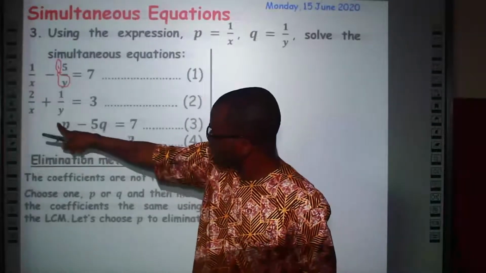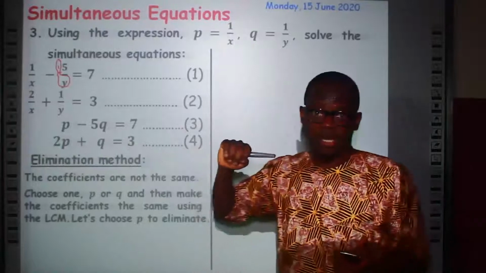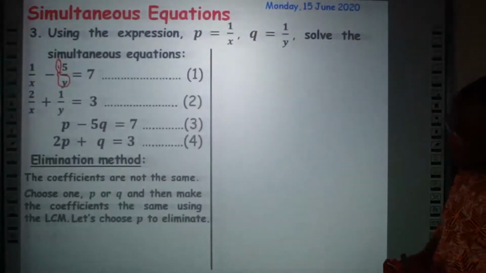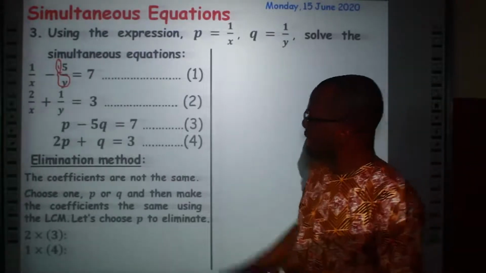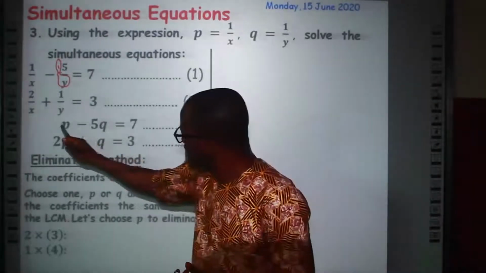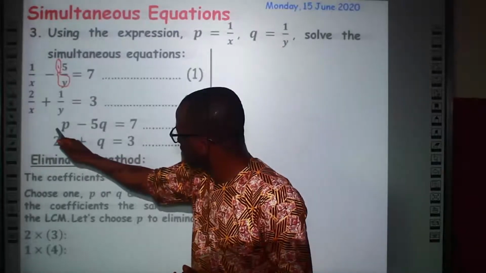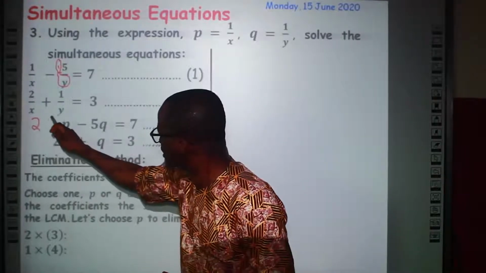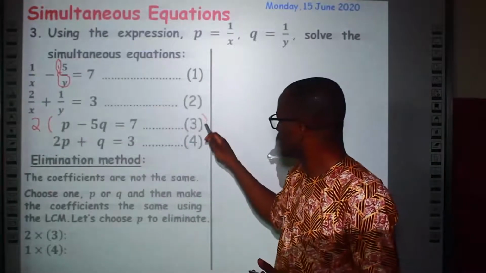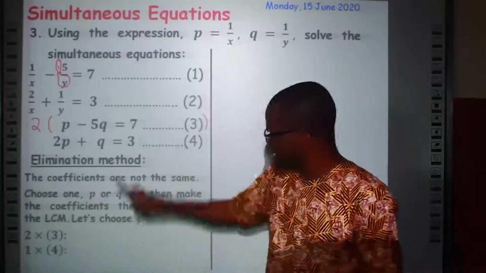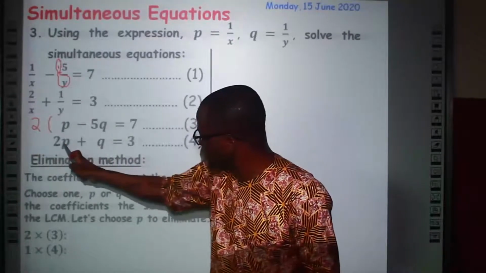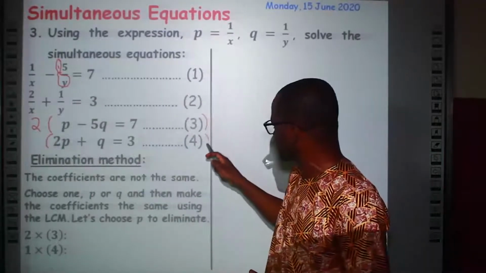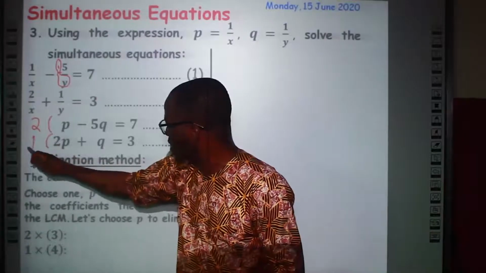So look at the LCM of 1 and 2, which clearly is 2. So the next thing you do is, with the LCM of 1 and 2 being 2, you have a 1 there. 1 times 2 gives you 2, so you multiply the whole of equation 3 by 2. So 2 times the whole of equation 3. Now, since the LCM is 2 and you already have 2 there, nothing changes much, so you multiply the whole of equation 4 by just 1.